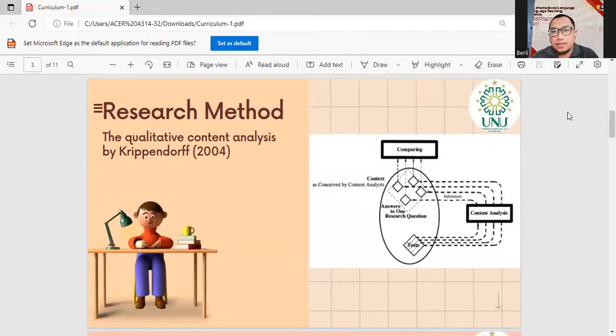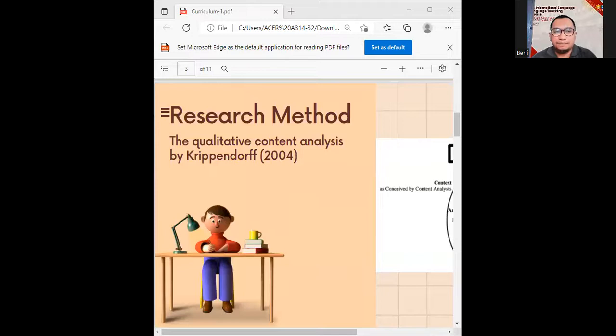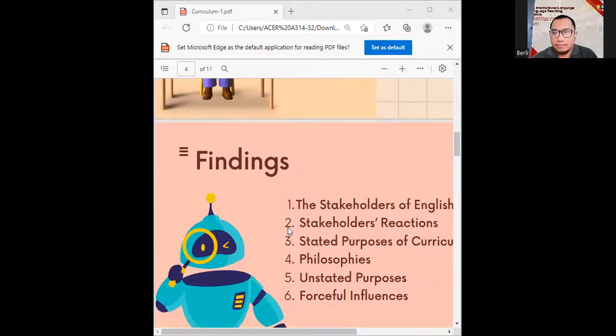In this research, I try to compare two different documents related to their curriculums. They can be printed documents or electronic documents, constitutions, just to compare whether they have similarities and differences, to know more about how they could be different in terms of the results and outcomes of their learning process.